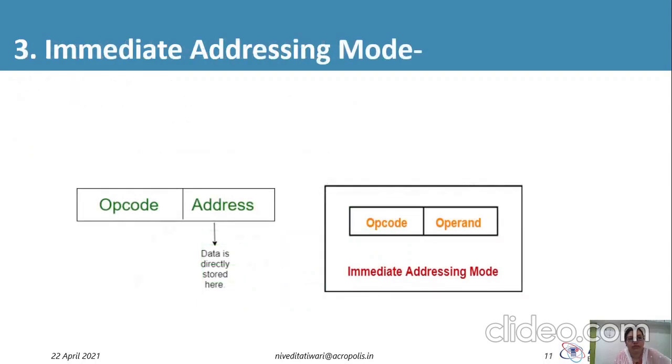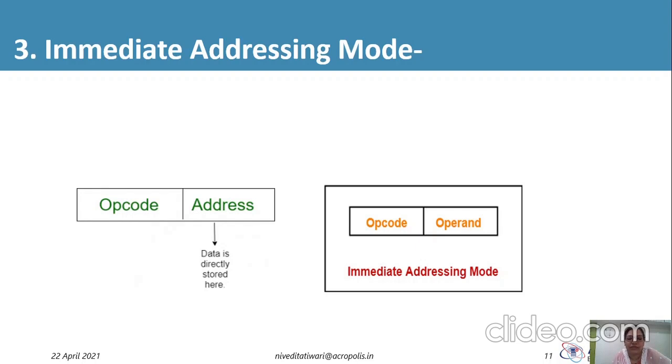Now continue to the next addressing mode, that is the immediate addressing mode. The simplest form of addressing mode is the immediate addressing mode. In this addressing mode we are using the instruction format in which we store our address field.